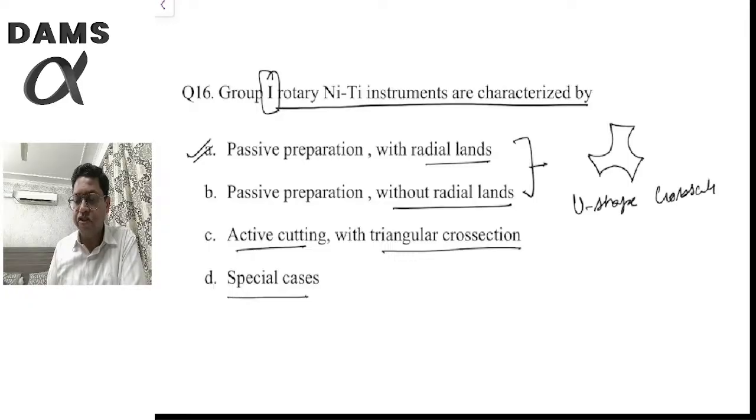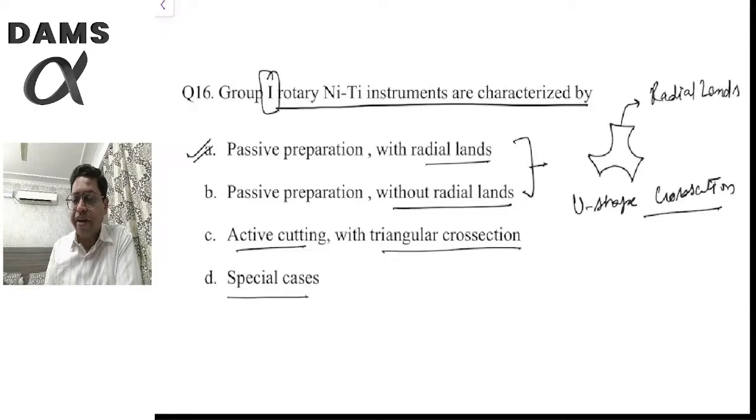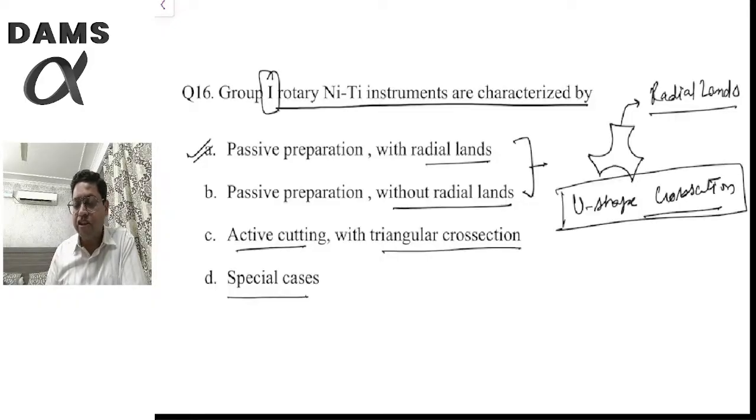The first generation, group 1 rotary nickel titanium instruments, are U-shape in cross section, and they have got thick blades with radial lands. Radial lands are flattened spaces that do not allow the blade to actively engage the wall of the root canal. So they are basically passive cutting with radial lands, and they have a typical U-shaped cross section.